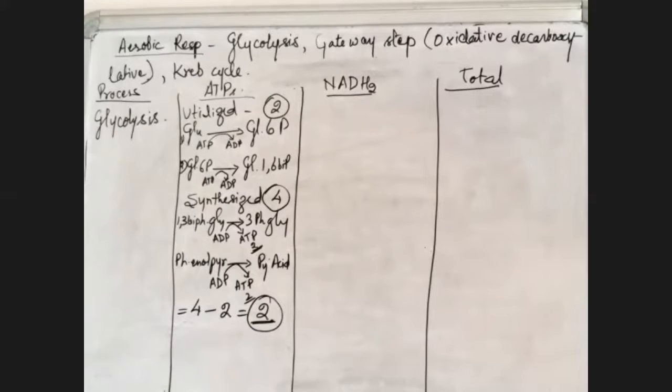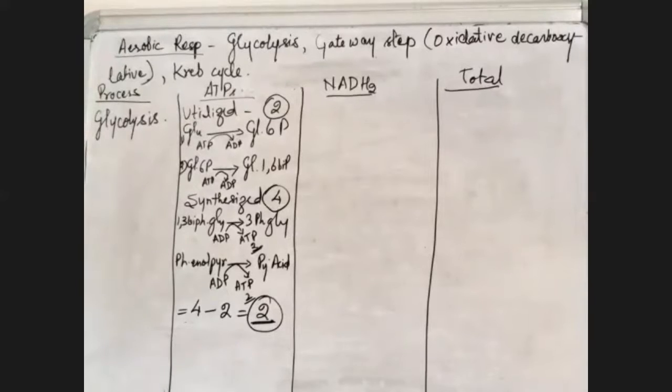Now we come to NADH2. How many NADH2 were synthesized during the process of glycolysis? Anybody remembers? And what was that step? That step was when the splitting of fructose 1,6-biphosphate took place.